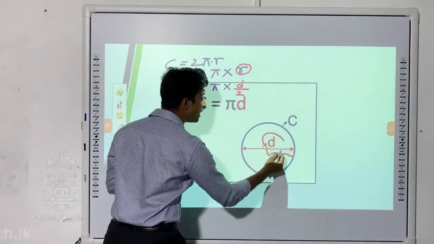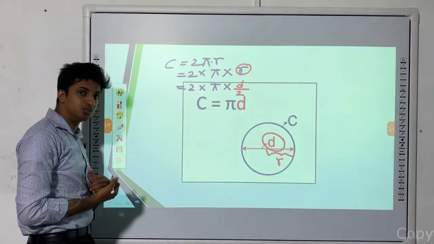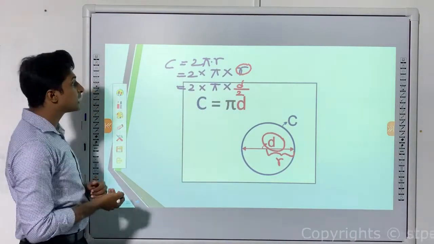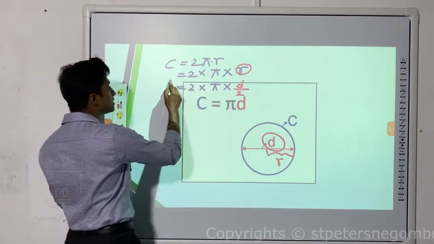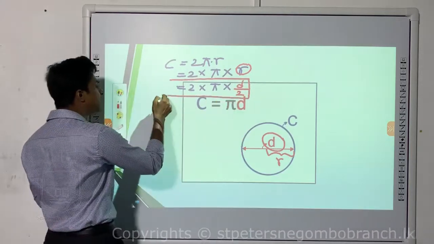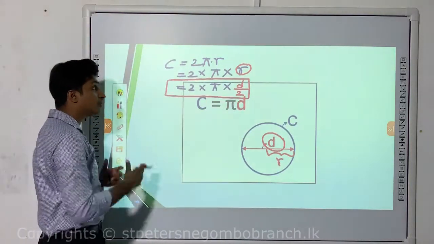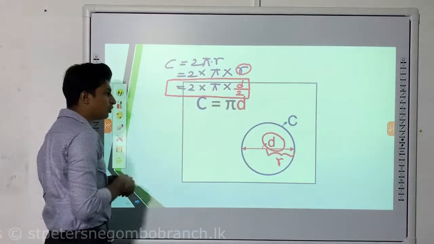So we can take the circumference as 2 into pi into d divided by 2 if you are using that formula when the diameter is already given.